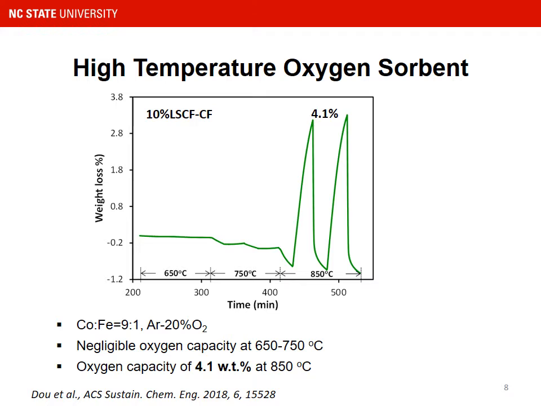In this case, we have chosen cobalt iron mixed oxide doped with perovskite. And in this case, we can achieve really high oxygen capacity. As you can see, the oxygen capacity can reach 4%, but the operation temperature is relatively high, at 850 degrees Celsius. Below that temperature, the oxygen capacity is really negligible.